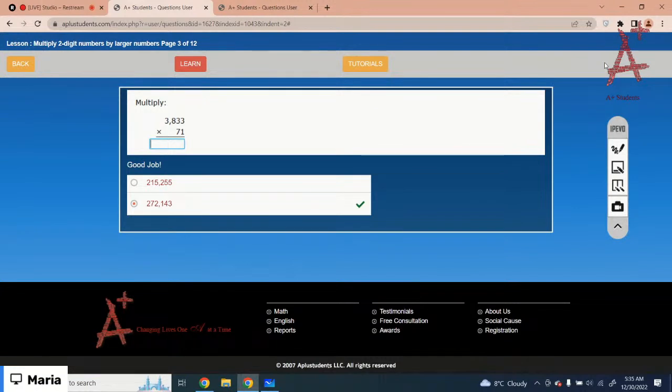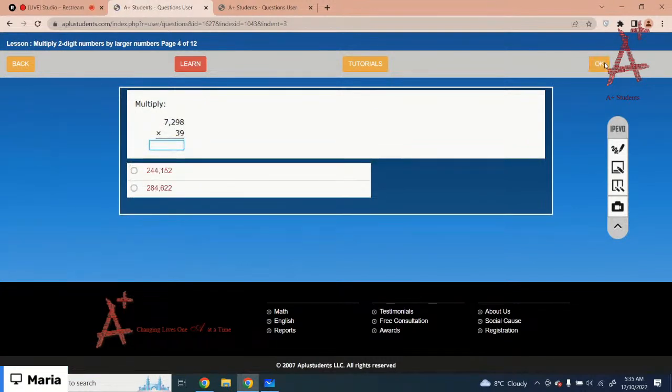Okay, and for the next one, you have to tell me which is the correct option. Just multiply and let me know the correct option. 7,298 times 39. So which is the correct option?